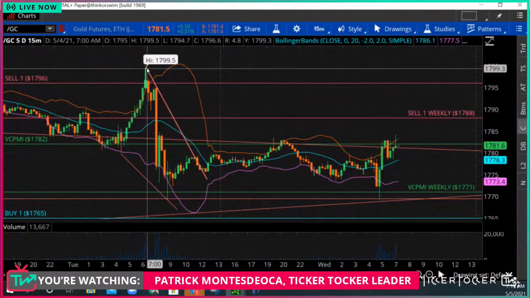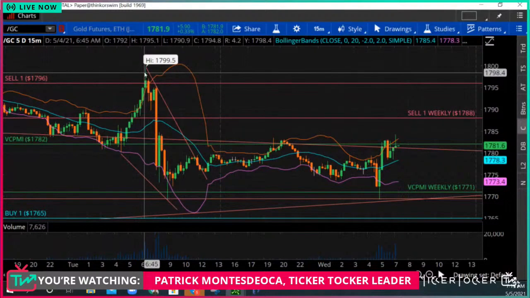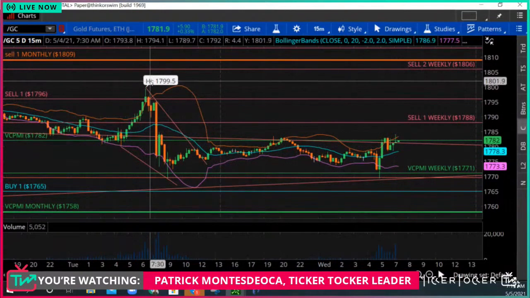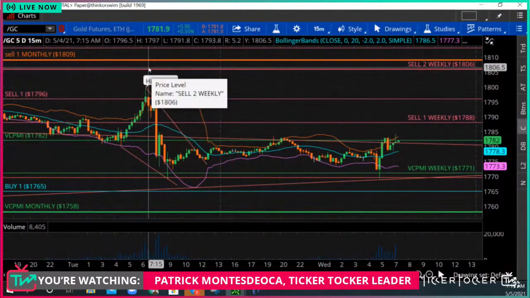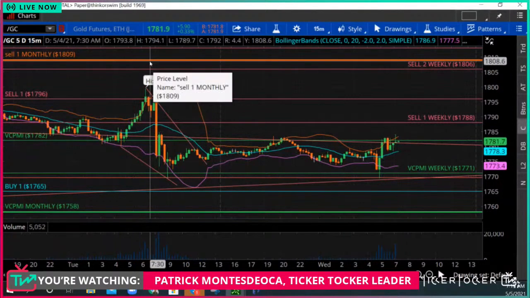It came down, activating the weekly trigger points, almost a monthly, not quite. The 1809, 1800, 1806 was the top of this extreme above the mean level.